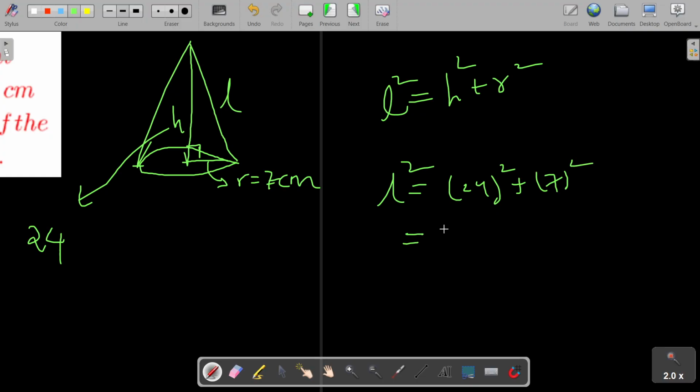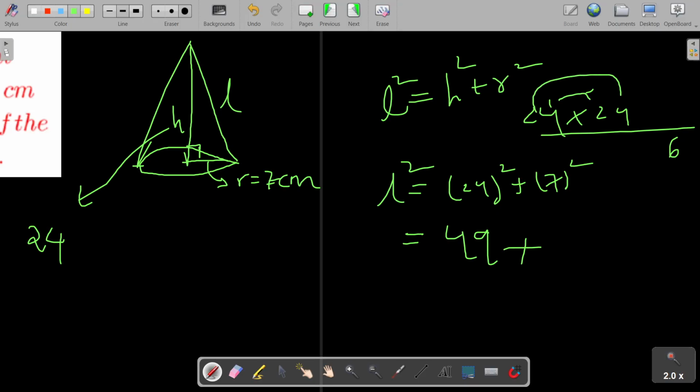So let's calculate that. 7 squared is 49, and 24 squared, 24 times 24, is 476, I think.